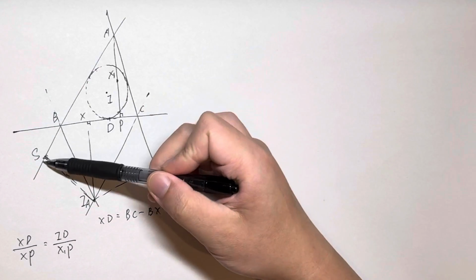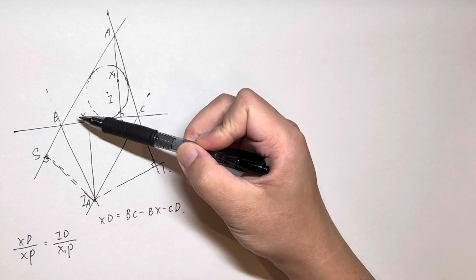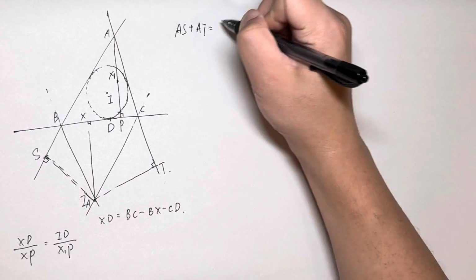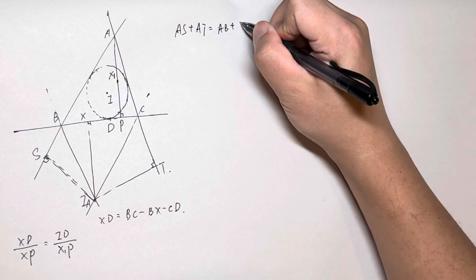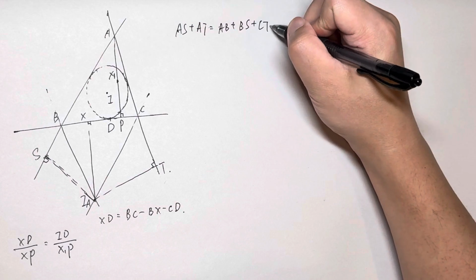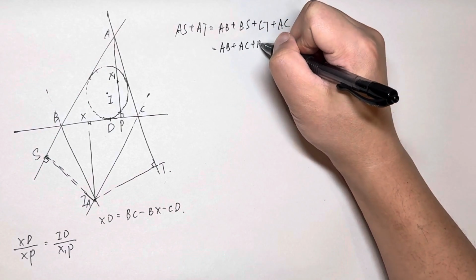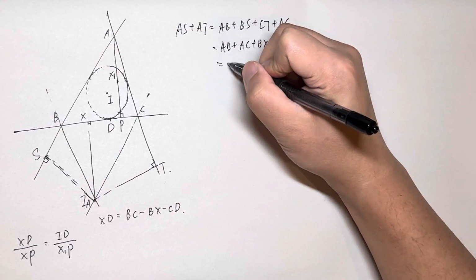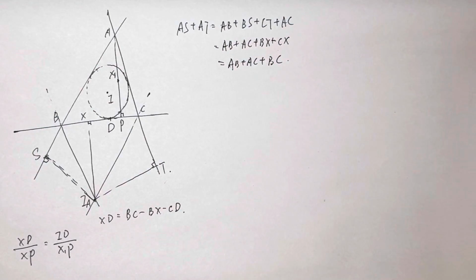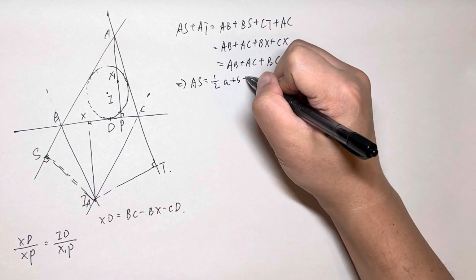That means AS plus AT equals AB plus BS plus CT plus AC. So it equals AB plus AC plus BX plus CX, which equals AB plus AC plus BC. Which means AS is half of a plus b plus c.